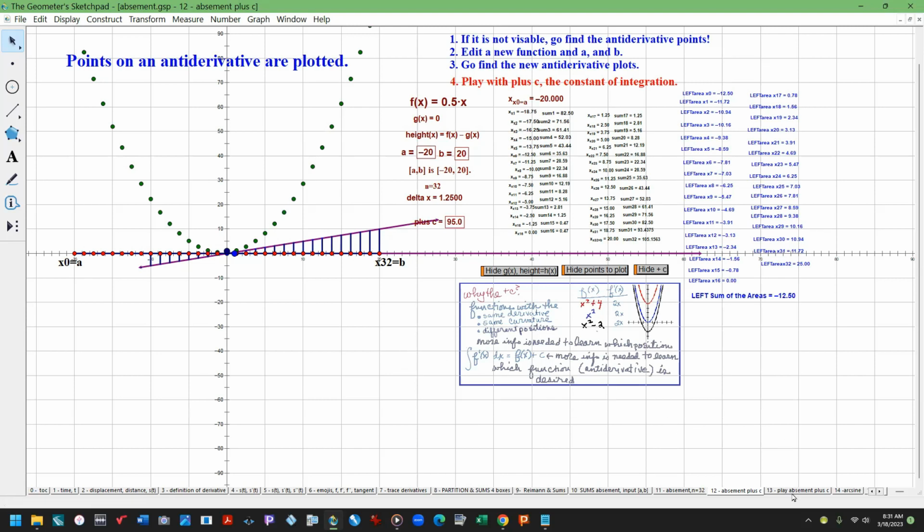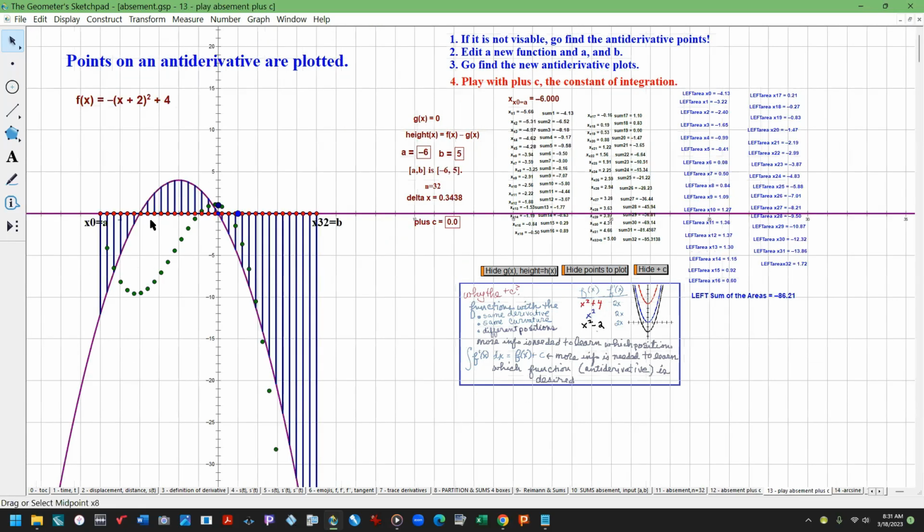It's not a surprise. I've given you, in this one, a parabola. The antiderivative of a parabola is a cubic. I think you can see the cubic. The concave down parabola gives a reflected cubic. And you've seen why the plus C is important.